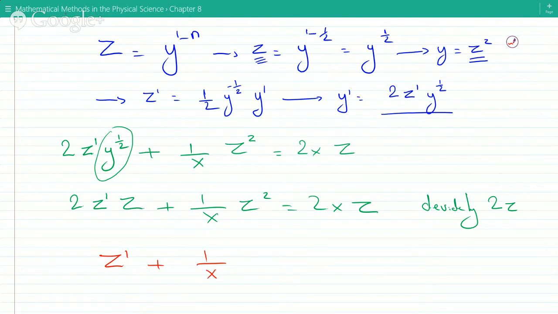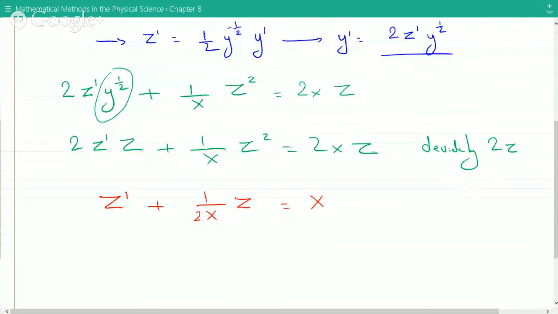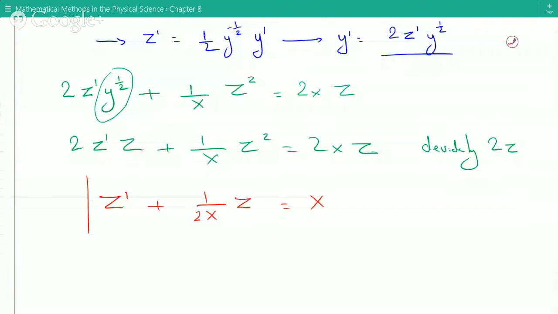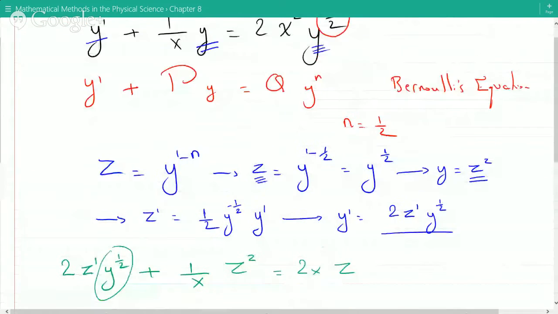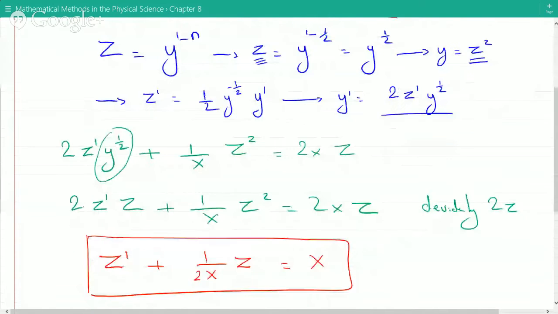When you divide here by 2z, you get a 2 here, and you get a z left. And when you divide by 2z here, you just get x to the 3 halves. And now this is a linear equation in standard form. It has been reduced to a linear equation. So that nonlinear term was eliminated by doing this transformation.